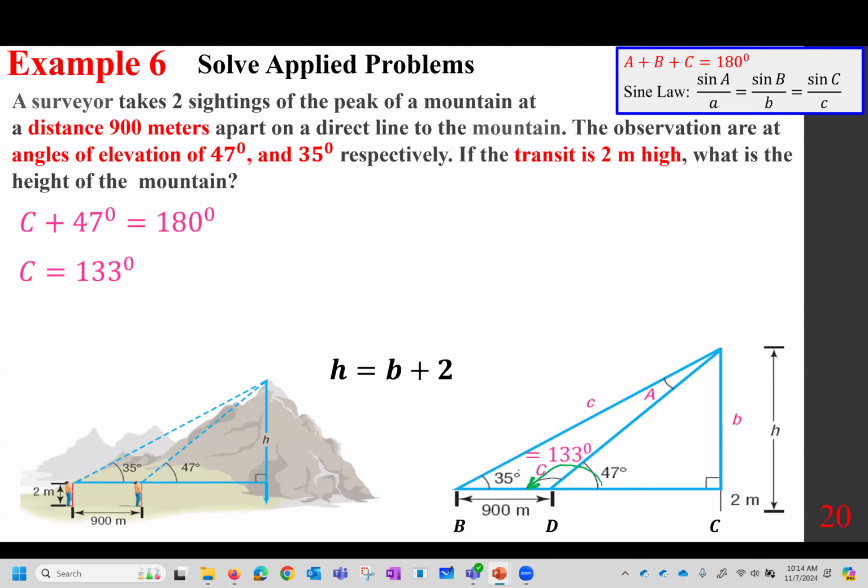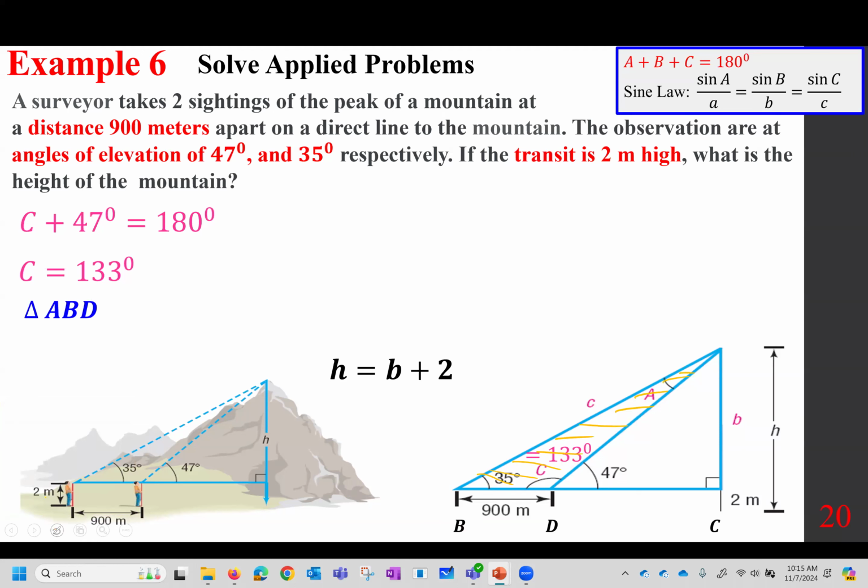Let me erase my work here. So this is 133 degrees. If this is 35, this is 133, this must be what? Subtract the sum from 180. So in this triangle ABD, they have put the A here, we are talking about this one, everybody.